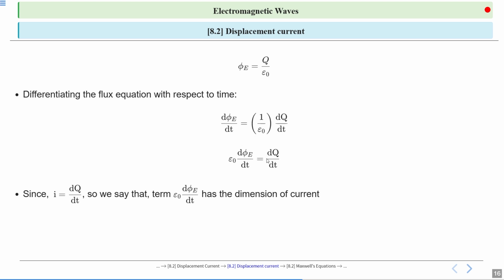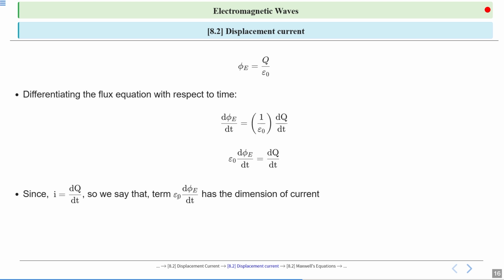We know dq by dt is the rate of change of charge flowing through a conductor. Between the plates there is no charge flowing from one plate to another, but according to the theoretical derivation it came out to be dq by dt, the rate of change of charge flowing.